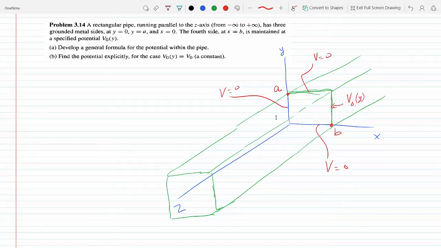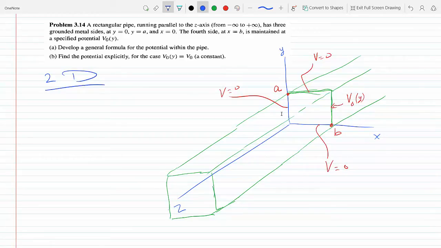The potential as you move from one side to the other in the block depends on the y value, because three sides are 0 and only one is at v0 of y, which means when you change y up and down, the potential changes, but not along z. Okay, so good start. The first thing to realize is that this is a two-dimensional problem. So this is 2D, right?